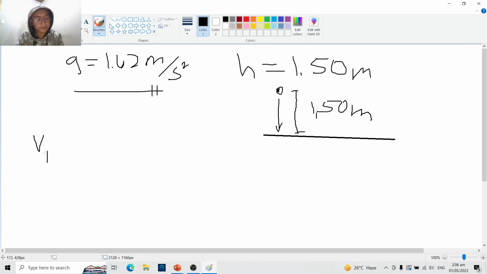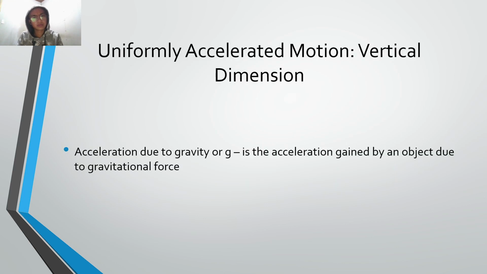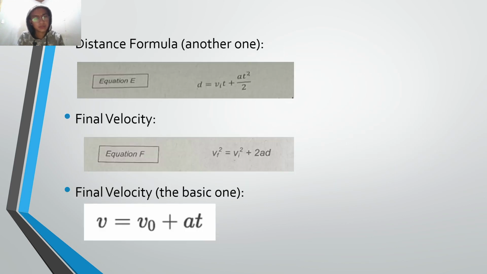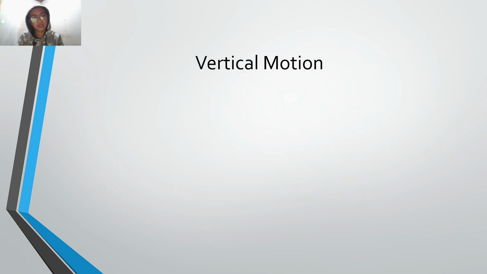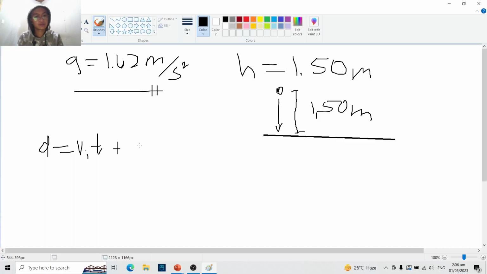So, final velocity. Distance or height is equal to v_i t plus 1/2 a t squared.